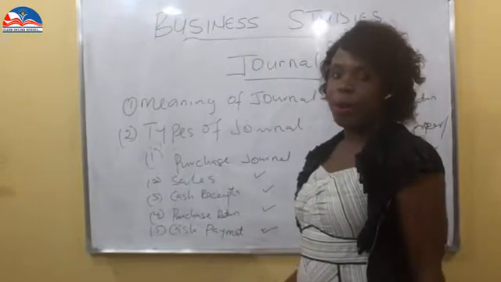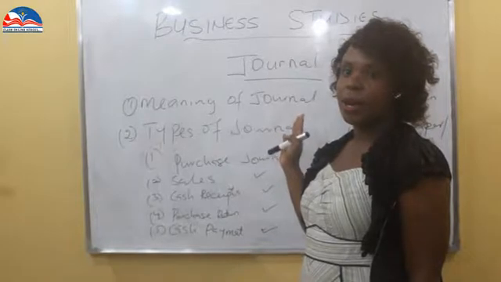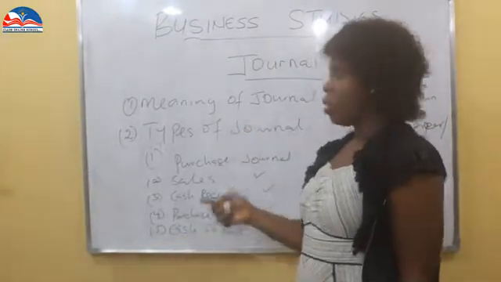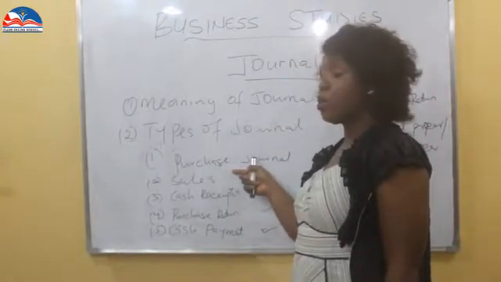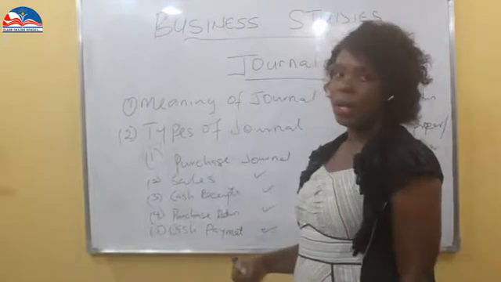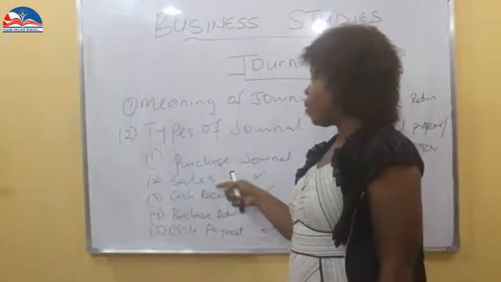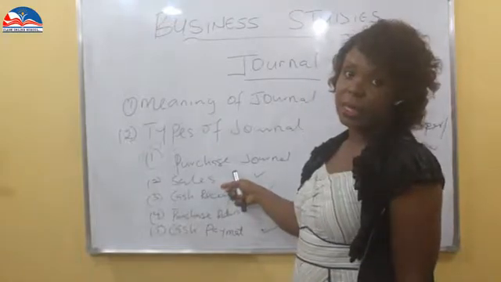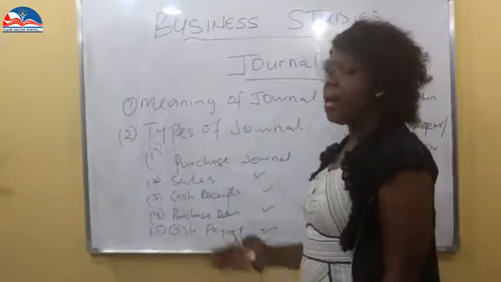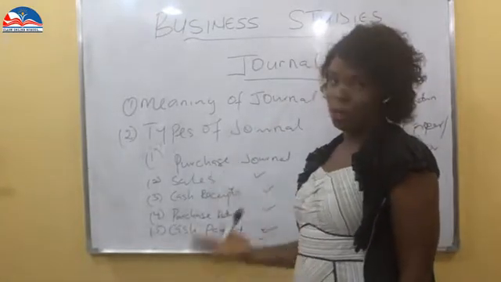And so when you are preparing a journal and there are products bought or assets bought, it is recorded in the purchase journal. What about sales journal? Sales journal records the sales that are made in the business. So all sales made in the business are recorded in the sales journal.